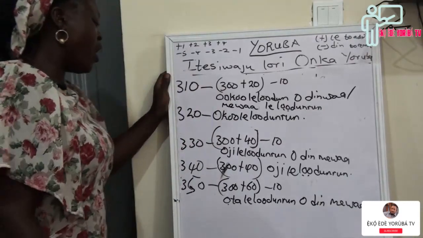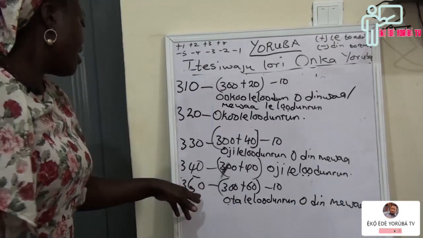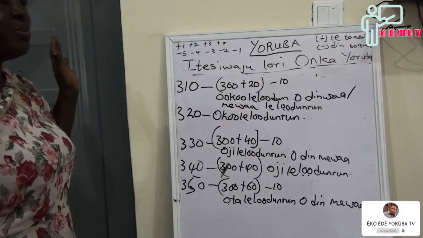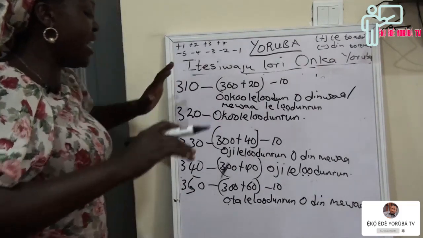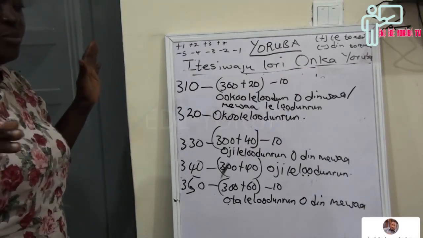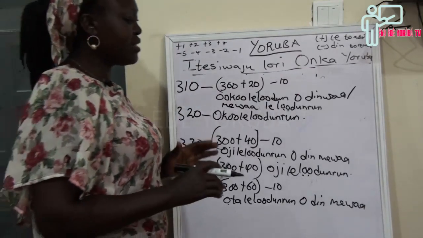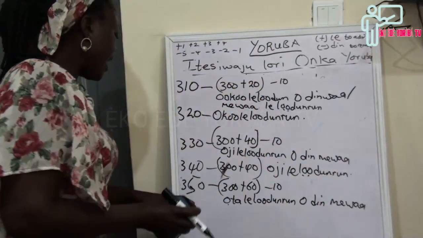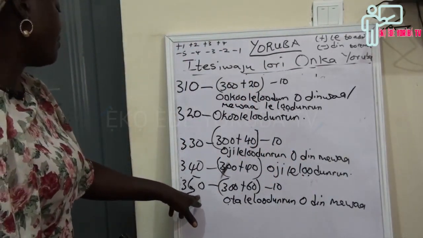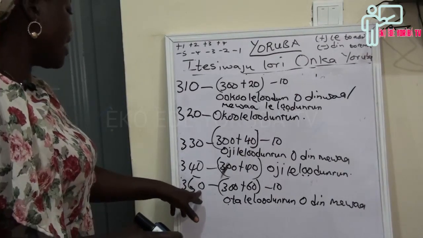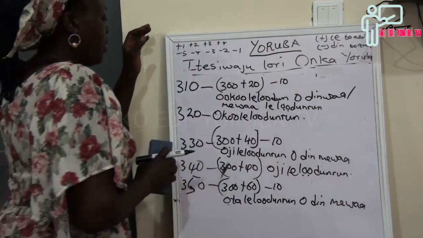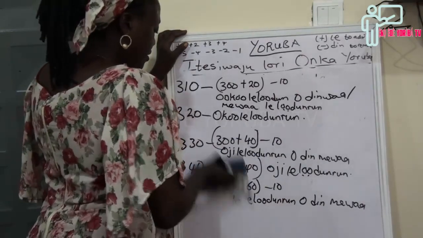In a simple form, you just say àádọ́talélọ́ọ̀ọ́dúnrún. That is the simple form.